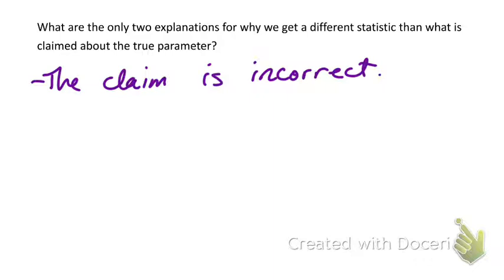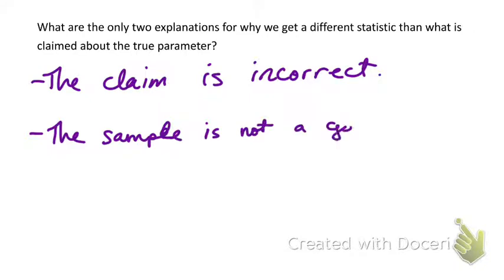There's one other thing that could be true. Say that again. Possibly I didn't allow for enough trials. Okay, so that might kind of go with bias, but yes, very good. So the sample is not a good representation.